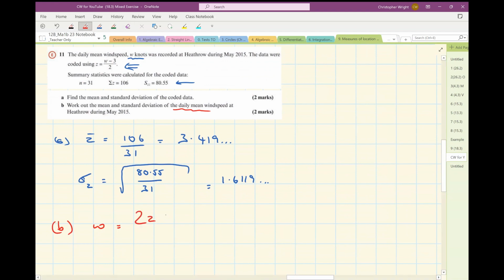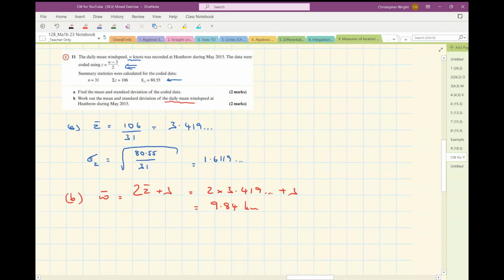So the mean of W is twice the mean of Z plus 3, so twice 3.419 plus 3 gives me a mean for W of 9.84 kilometers.